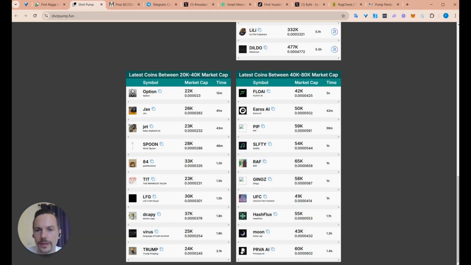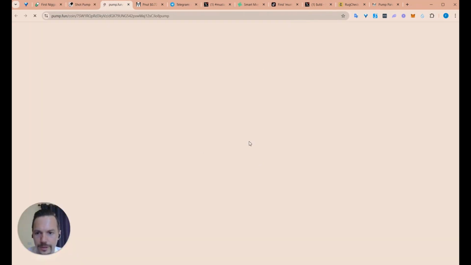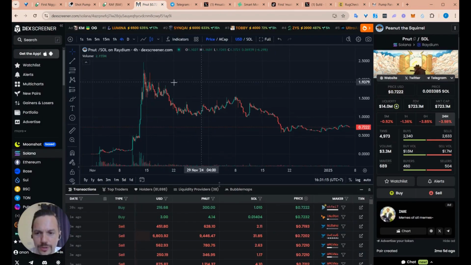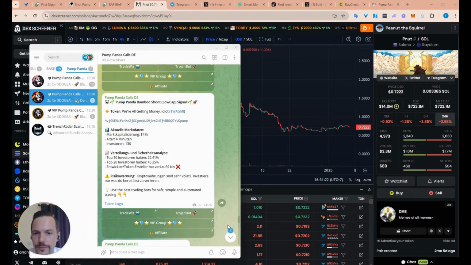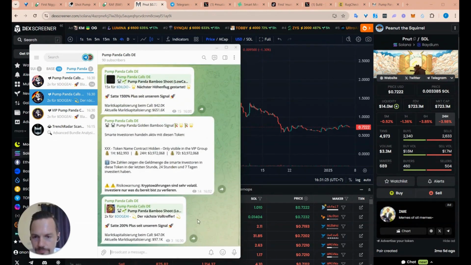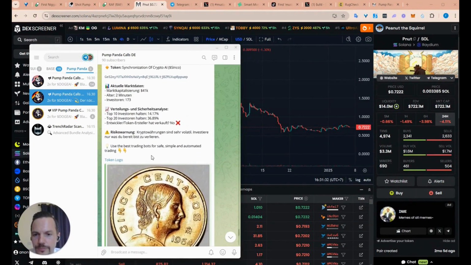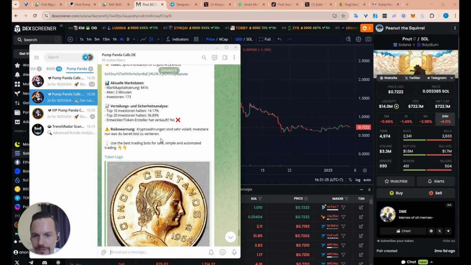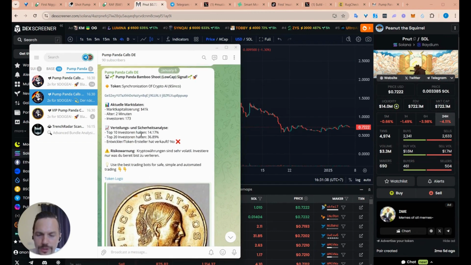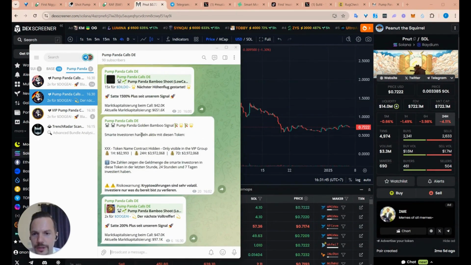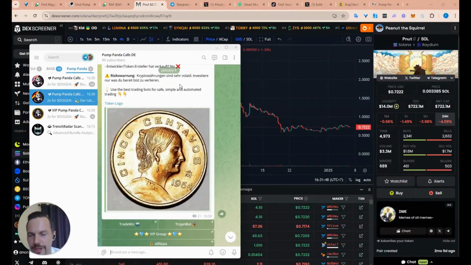If we want to access Pump.fun again, where there are already so many filters, you can go here and directly access the pump. Then we have DexScreener, where you can analyze coins that have already made it to Raydium. Then there's the Panda group where you can take a look.